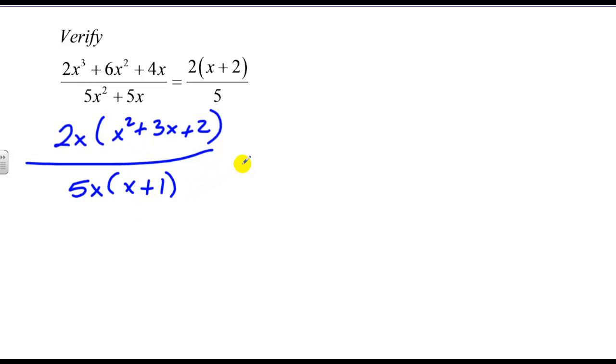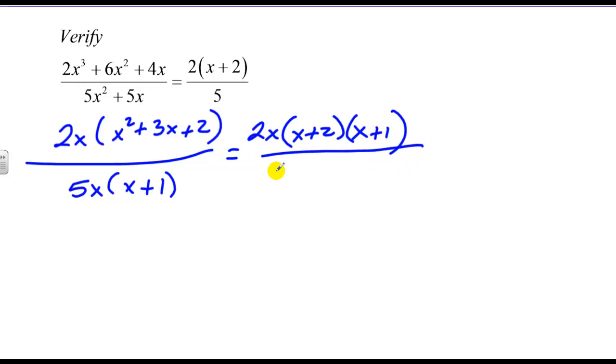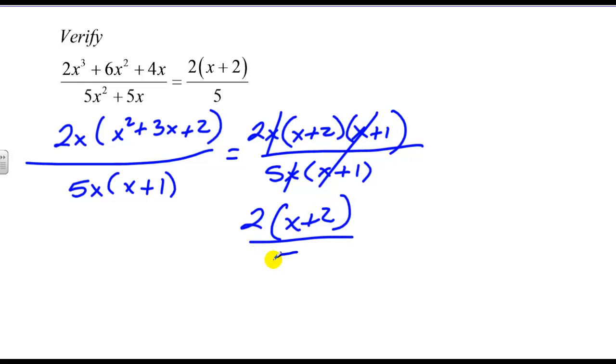The top term continues to factor, and I get 2x times x plus 2 and x plus 1 over 5x times x plus 1, and do the proper reductions. The x's go away, and I'm left with 2 times x plus 2 over 5. So this was just a general example of how you get one side to equal another.